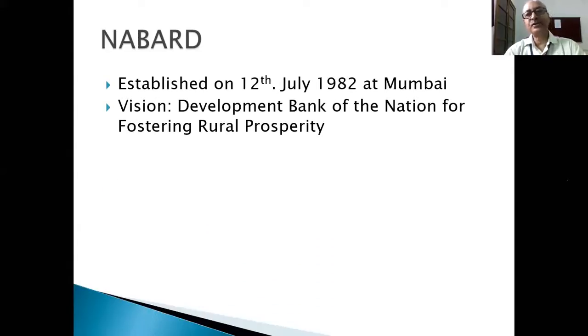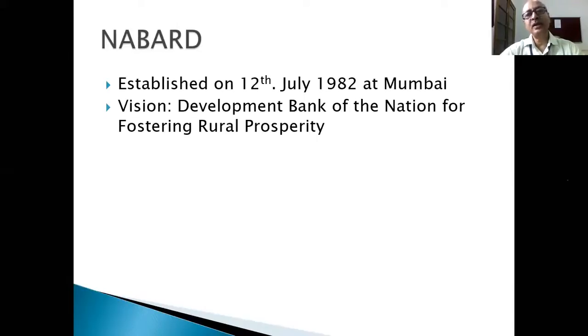I mean, this vision was not at that point of time. This I'm talking about right now. It has undergone changes time and again, so many times. But finally, as it stands today, you will find it on the website of NABARD. I will suggest you just take down the website address of NABARD, www.nabard.org, and you will get so many details.